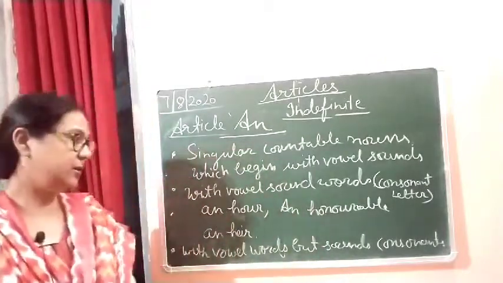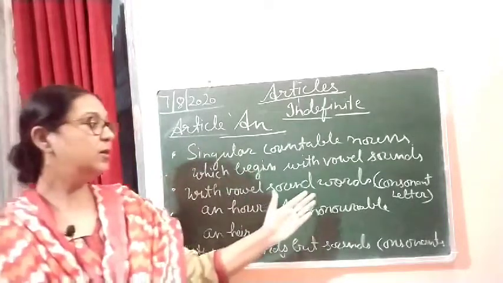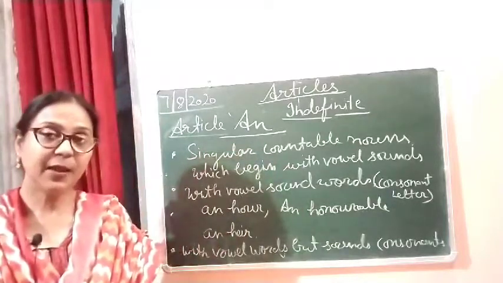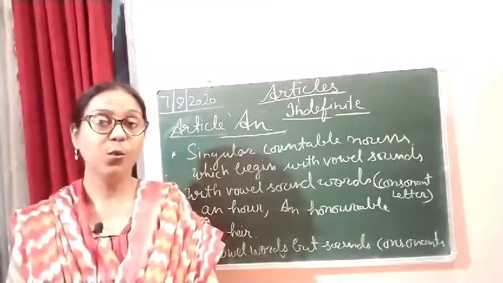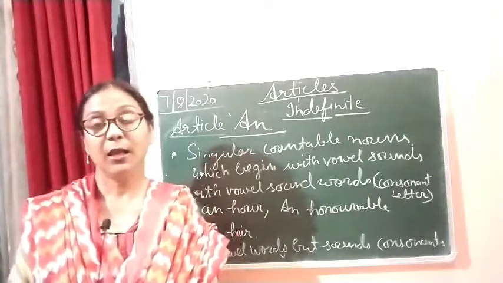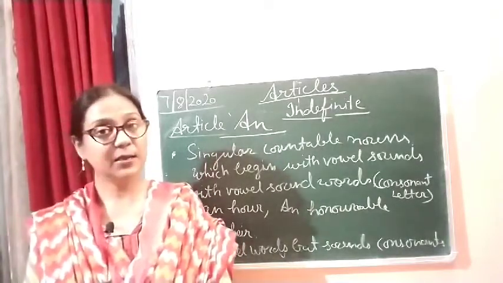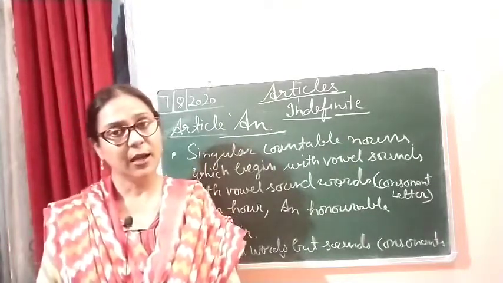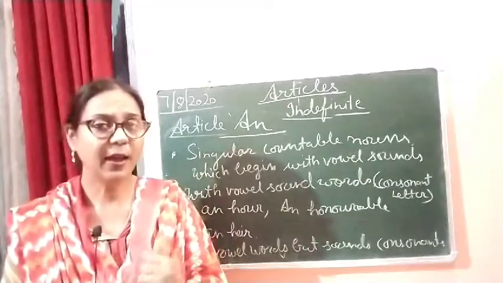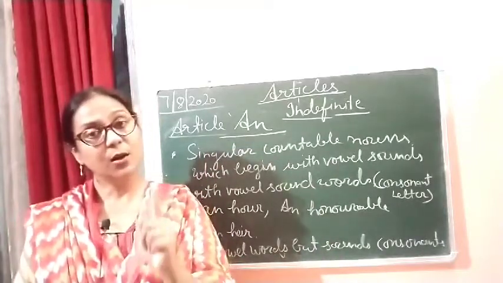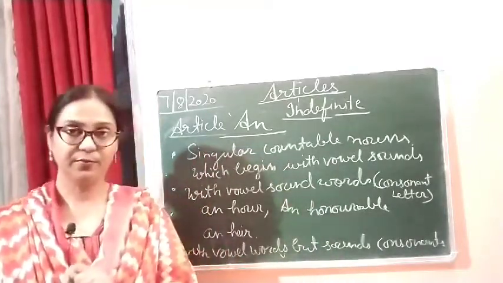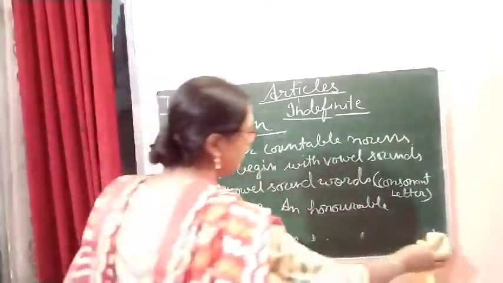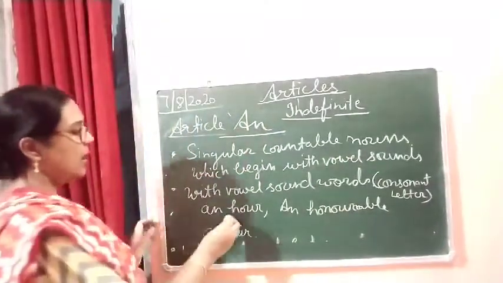Now the second point: words with a vowel sound but a consonant letter. Sometimes words are written with a consonant letter, like H, and the word has a vowel sound. How do we recognize it? For example, I have written here "an hour".